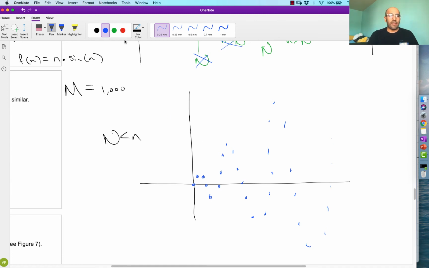So if we choose a value of, say, 1,000, so here is capital M equal to 1,000, you're like, okay, here is a successful one, here's another successful one, but then there will be some that fail. So even if we choose capital N to be right there, there will be some that are successful, but then some begin to fail, right?